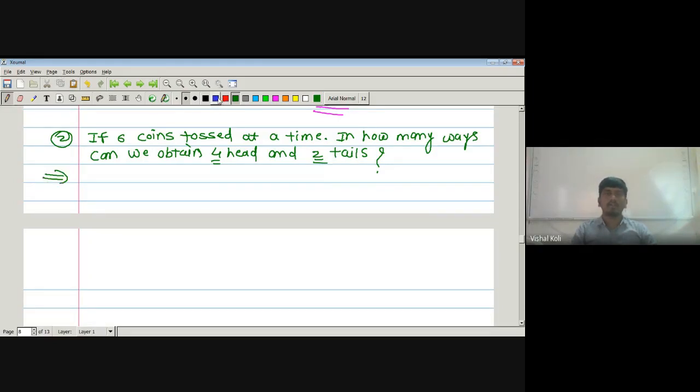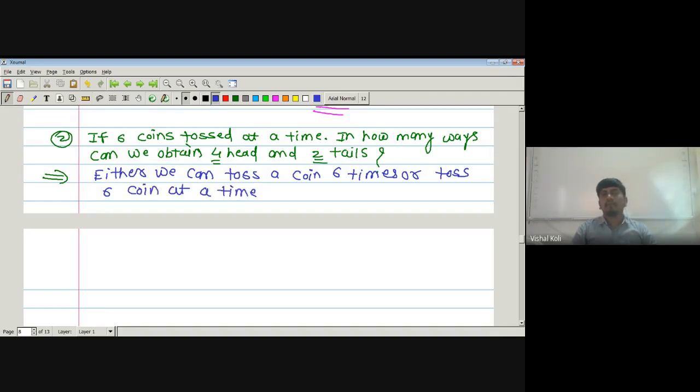So see its solution. Now we toss 6 coins at a time.